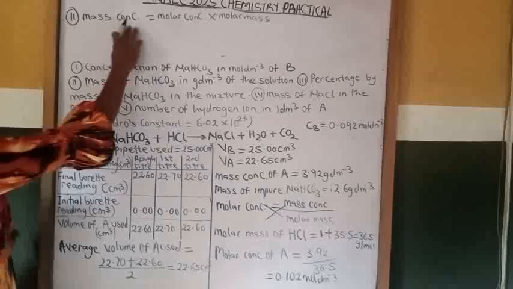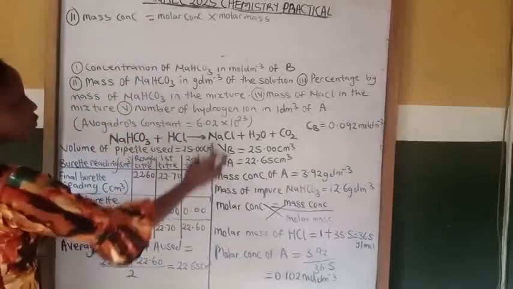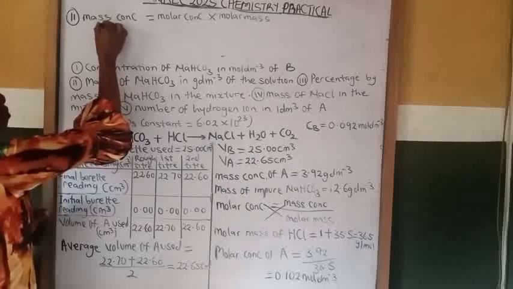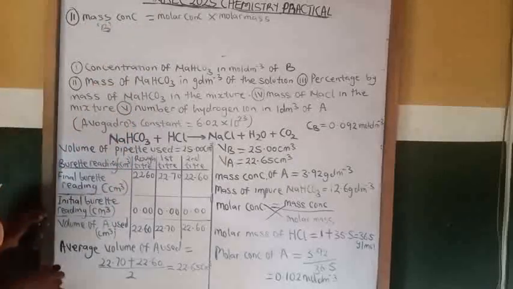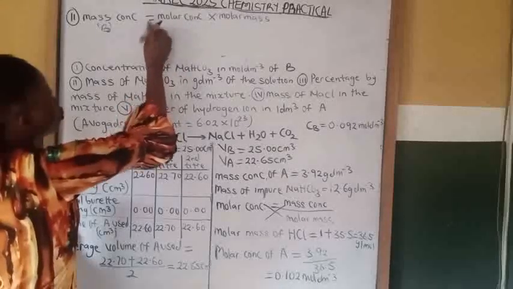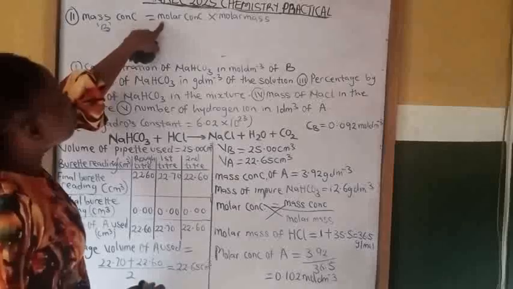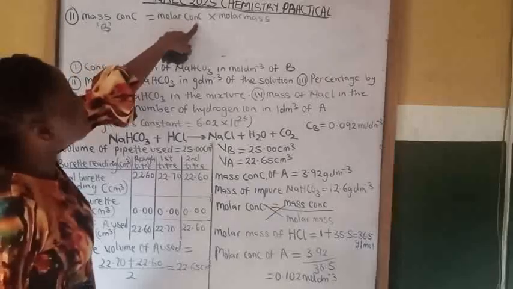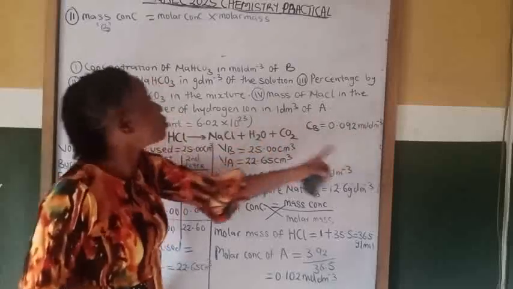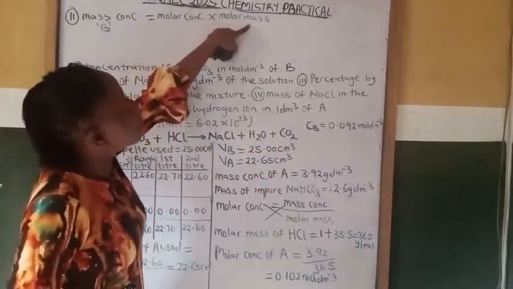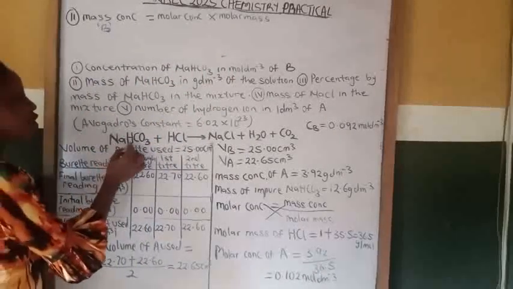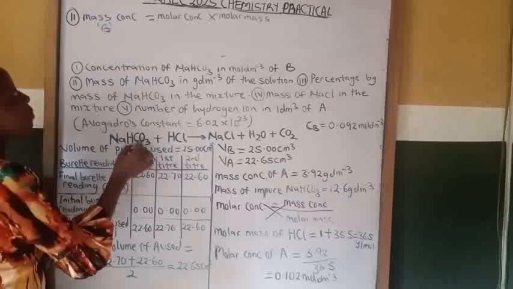So we are looking for the mass concentration of B, and we are going to use the molar concentration of B, which is 0.092 mole per dm cube. Likewise, we need the molar mass of B. Our B is sodium hydrogen trioxocarbonate, so we have to look for the molar mass of B.